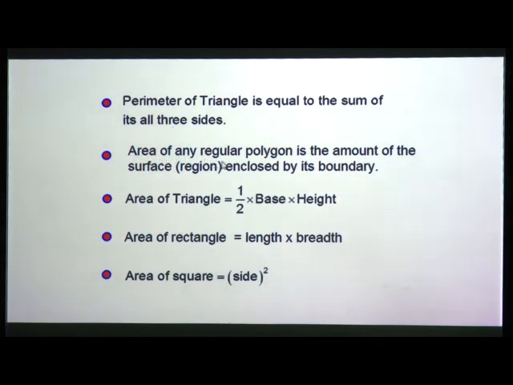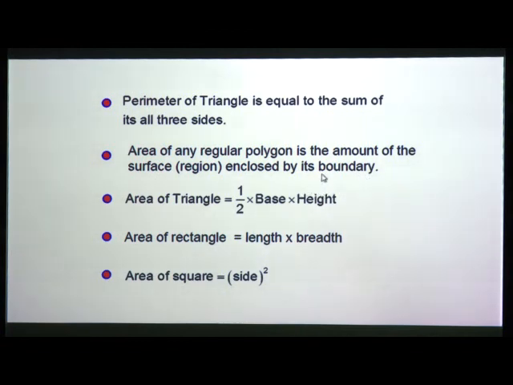Area of any regular polygon. Till now we had discussed the perimeter. Now, we will find the area. The area of any regular polygon is the amount of surface, that is the region or space, enclosed by its boundary.